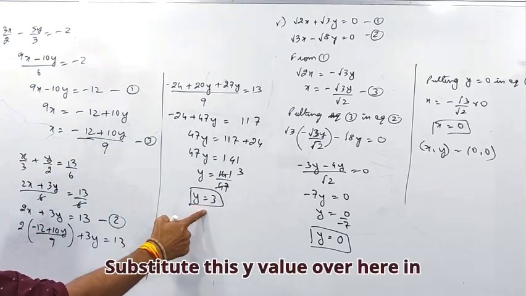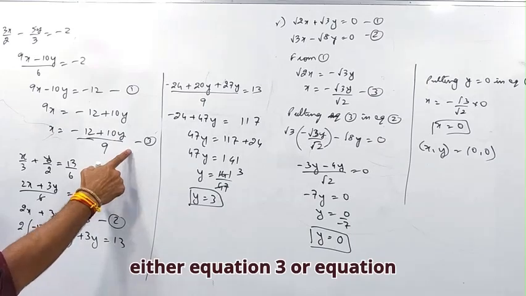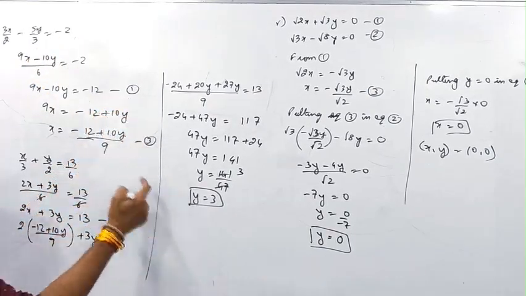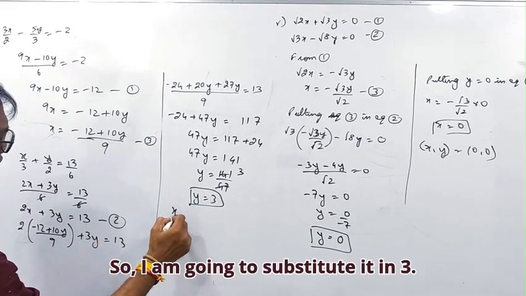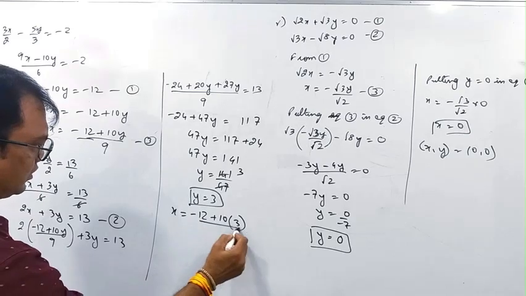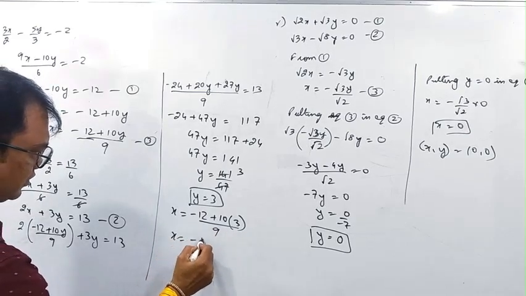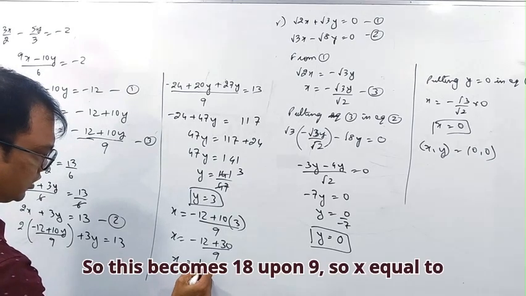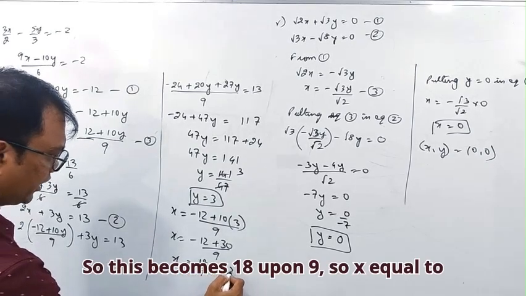Substitute this y value over here in either equation 3 or equation 1, wherever you want. So 3 or 1. I am going to substitute it in 3. So this becomes 15 upon 9, so x equal to 2.